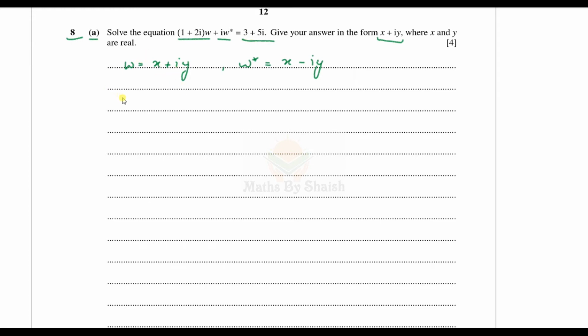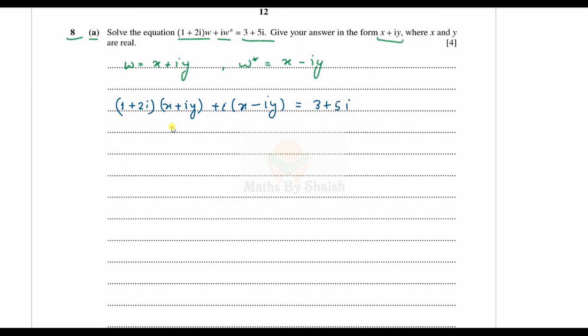So the left hand side becomes (1 + 2i)(x + iy) + i(x - iy), and this is equal to 3 + 5i, given.